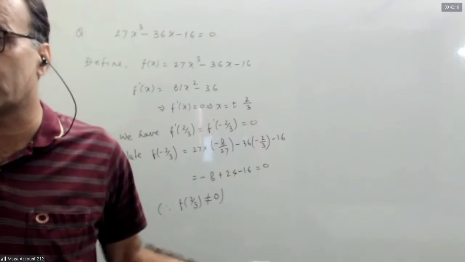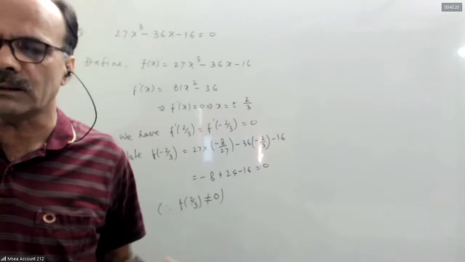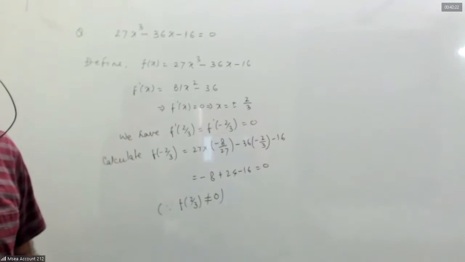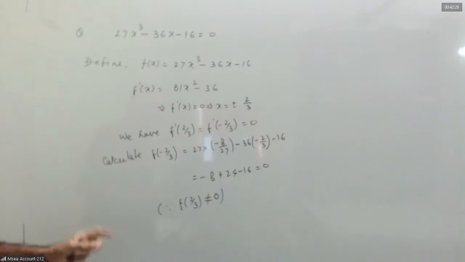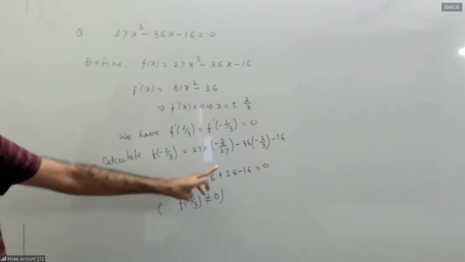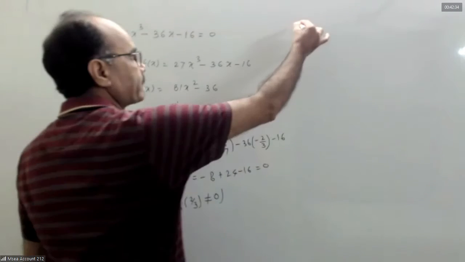If the value of the function is 0 at 2 by 3, then it would be a repeated root. So now we got that the repeated root is x equal to minus 2 by 3.